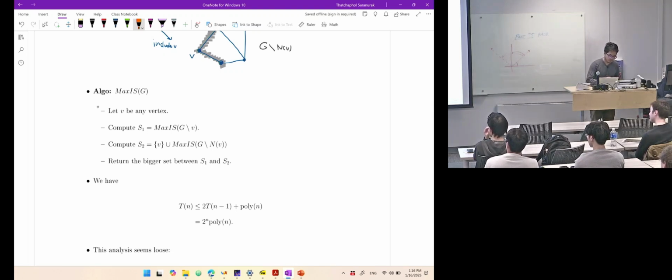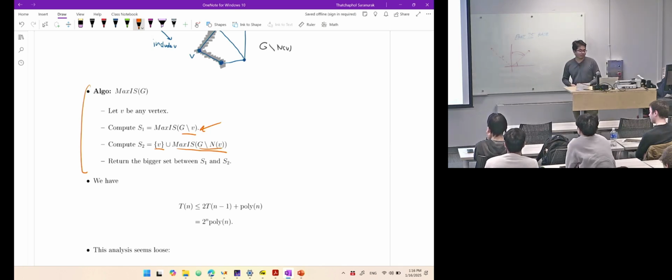And basically this is the algorithm. Try the case when v is not in the set, and try another case when v is in your solution. This is the case when you include v into your solution and now recurse on the graph where you throw everything away, including the neighbors of v. And then just return the best of the two guesses. And that's it.